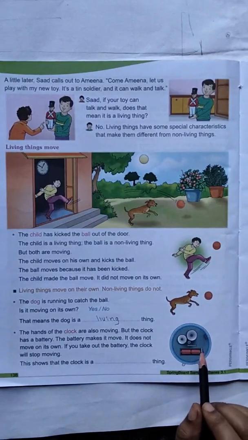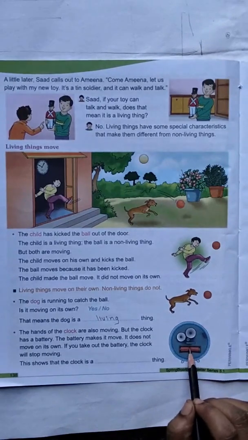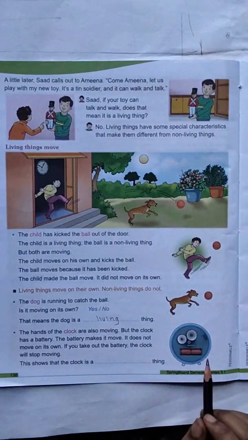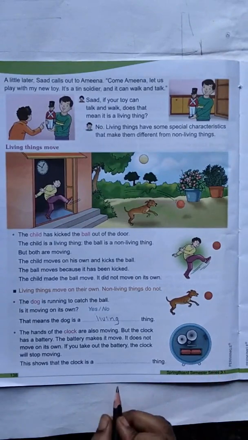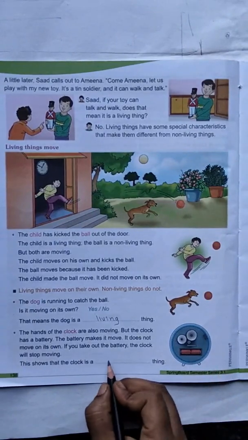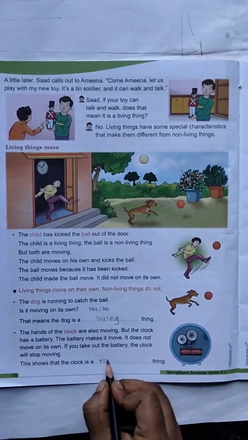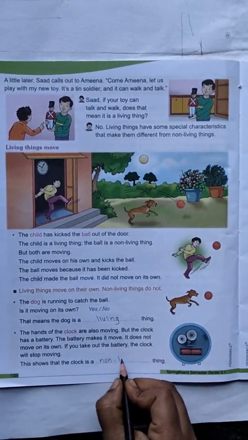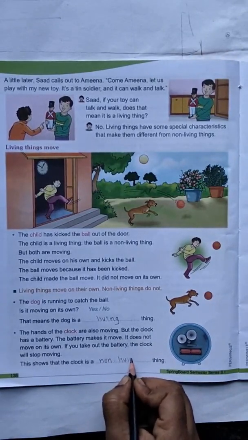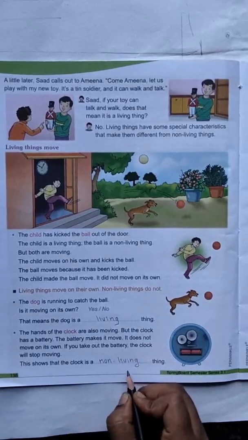If you take out the battery, the clock will stop moving. This shows that the clock is a non-living thing. Clock is a non-living thing.